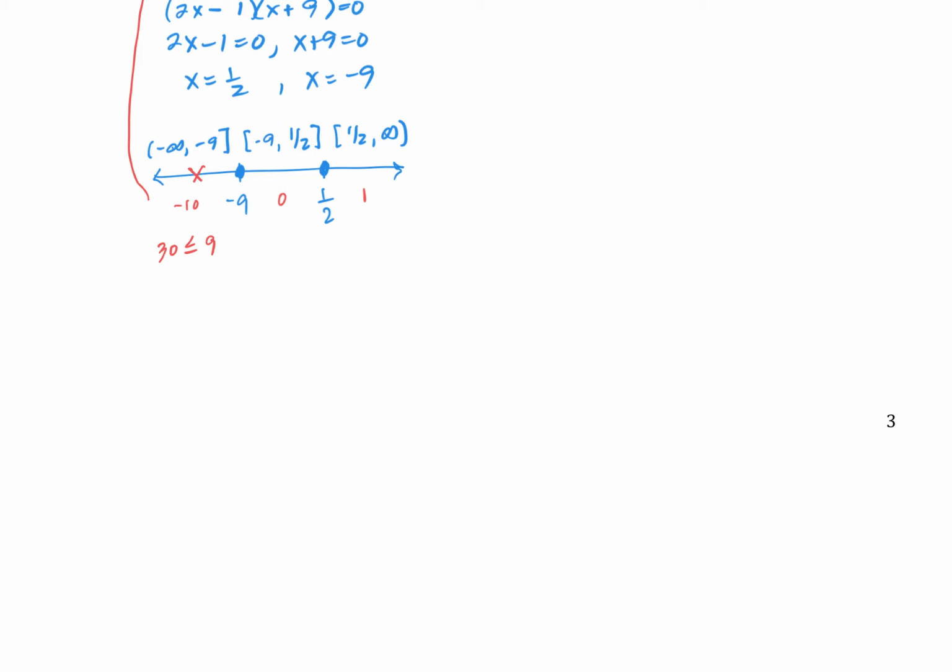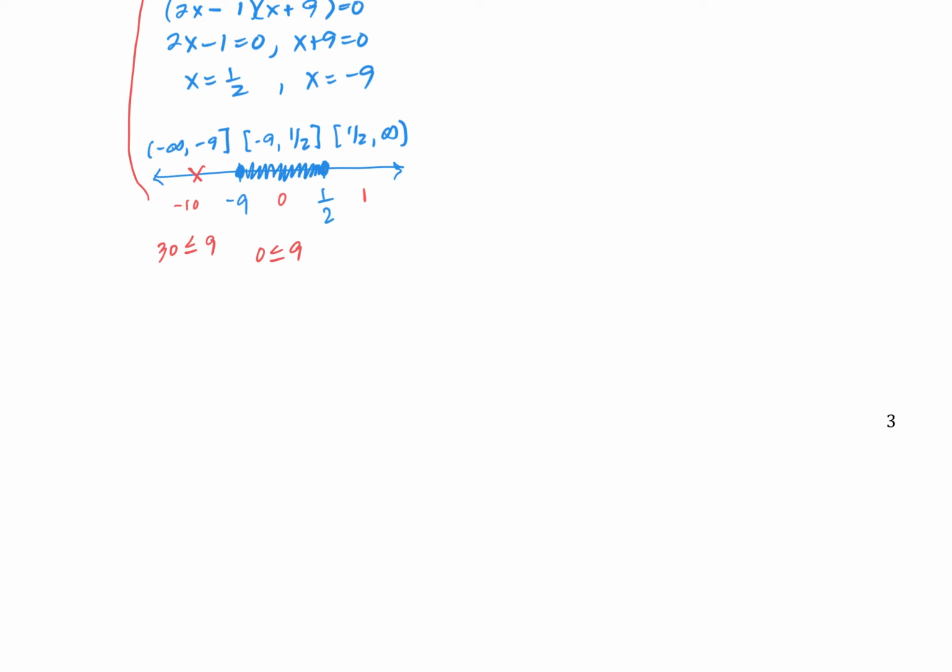Well, I use 0 as a test point in this second interval from negative 9 to 1/2. If I put in 0, I get 0. This one's easy. 0 is less than or equal to 9. That means I could use anything in the interval -9 to 1/2, put any of those x values into the inequality and it will make it true.